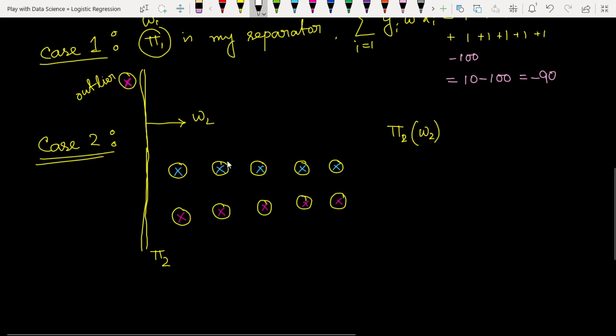Let's take this distance equal to 1, and from this point the distance is 1, similarly for the rest. For the negative points, the distance from the plane is also 1 from each point.